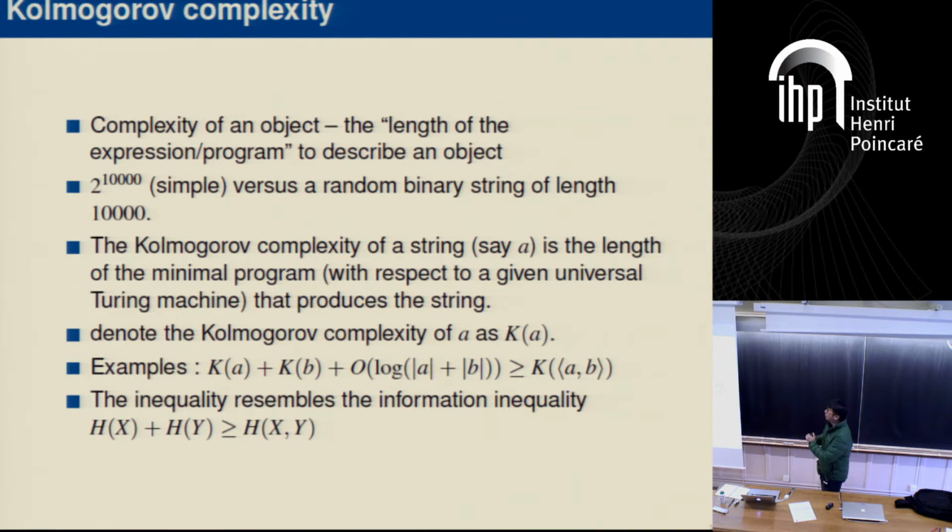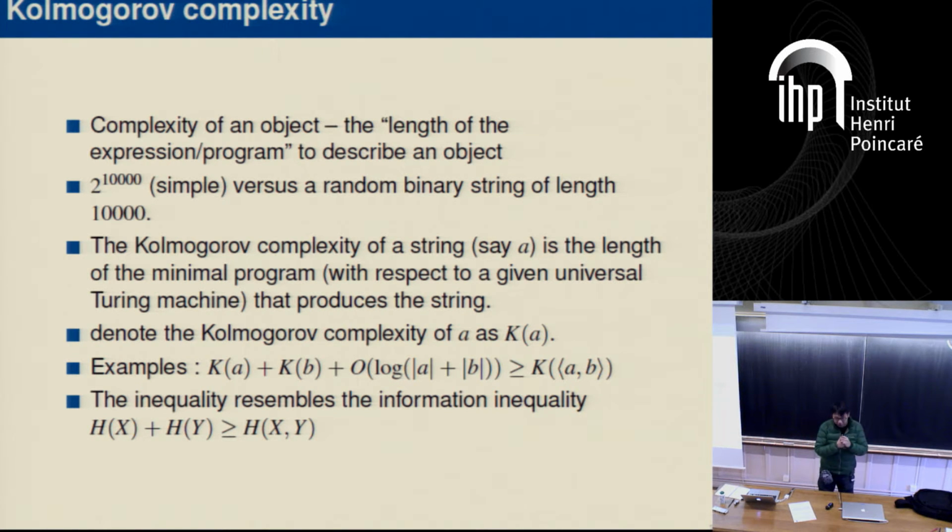Finally, I would like to make a remark about Shannon entropy and the concept of Kolmogorov complexity. Probably you're familiar with this concept, maybe more than entropy. Kolmogorov complexity is a measure of how random an object or string is.